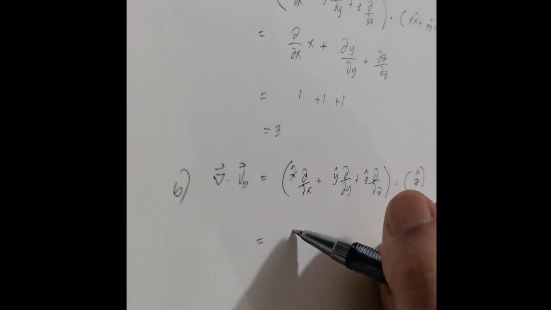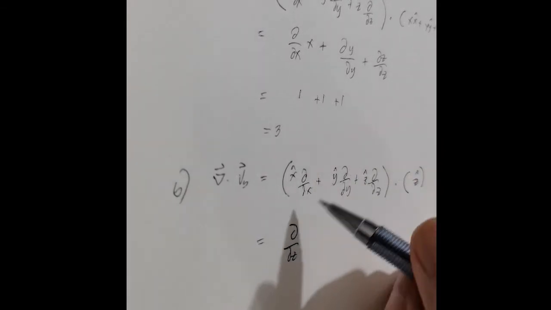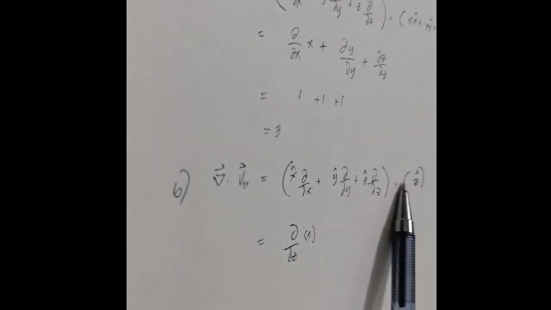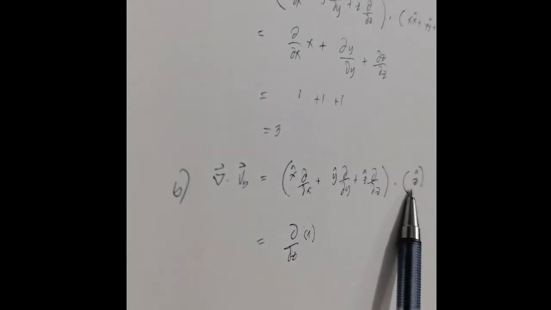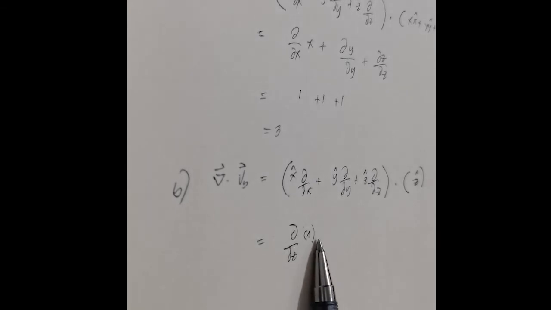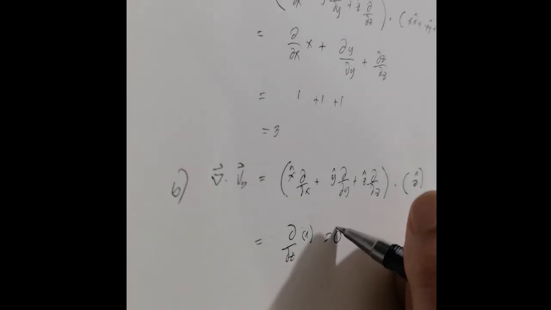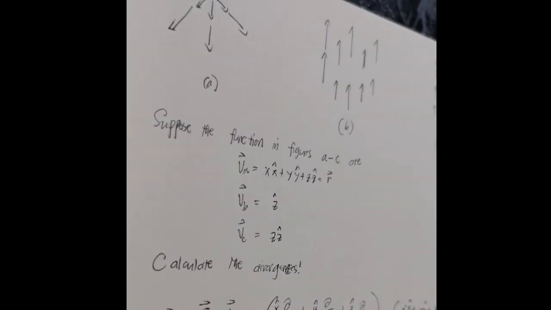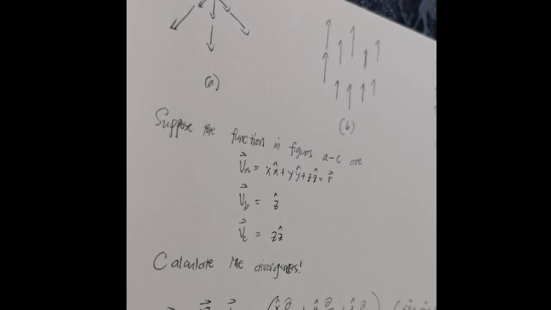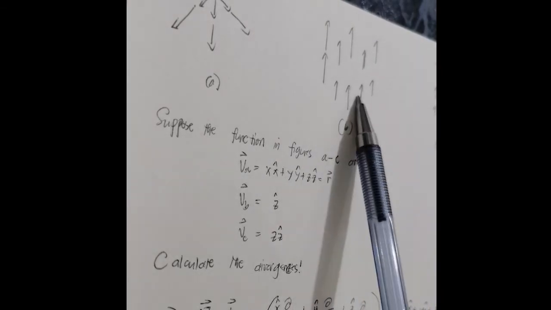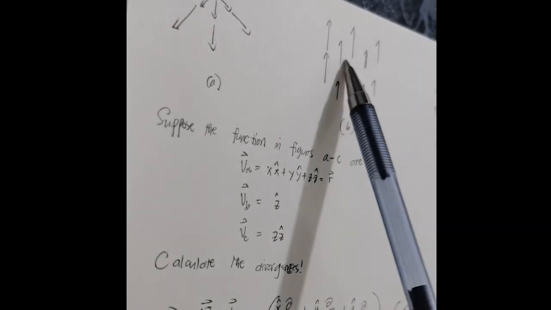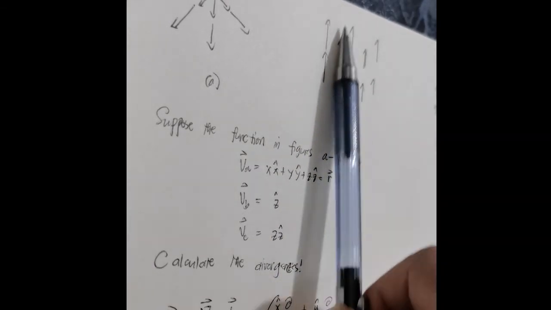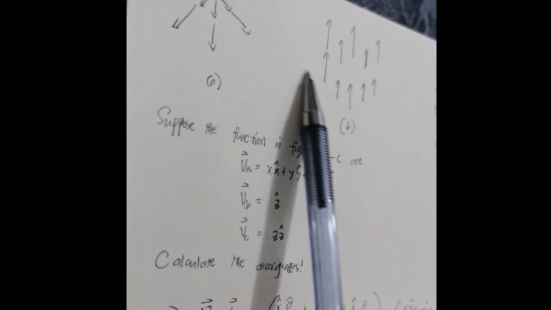Actually it's 1 because z hat dot z hat is just 1. So the partial of 1 with respect to z will just give you 0. It makes sense because, as I said in my PowerPoint presentation a while ago, this vector, assuming my drawing is clear, is of equal length and pointing in the same direction, so it has no divergence.